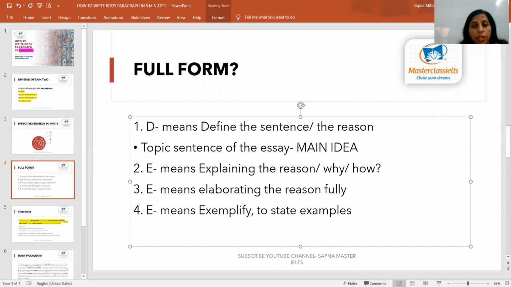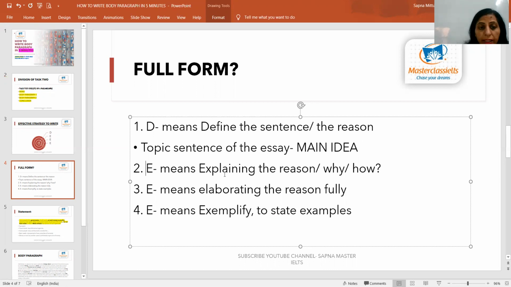According to the question, if you're giving the reason, the first line will be according to that. That is called the topic sentence. If you are giving the perfect reason, that will be the main idea, and then you will explain it and go ahead. This is the first part.